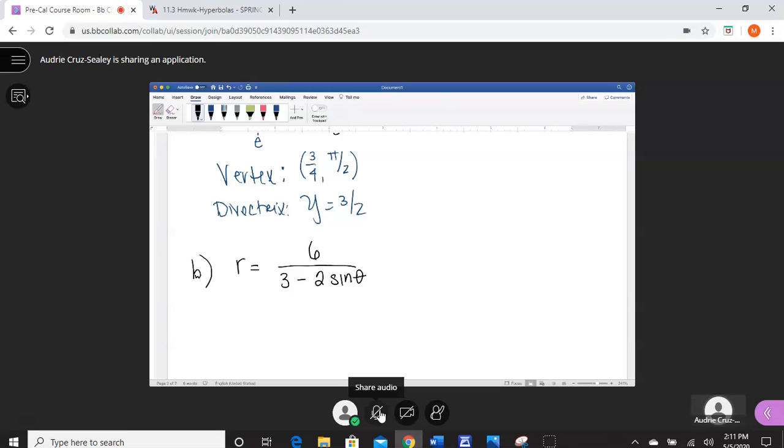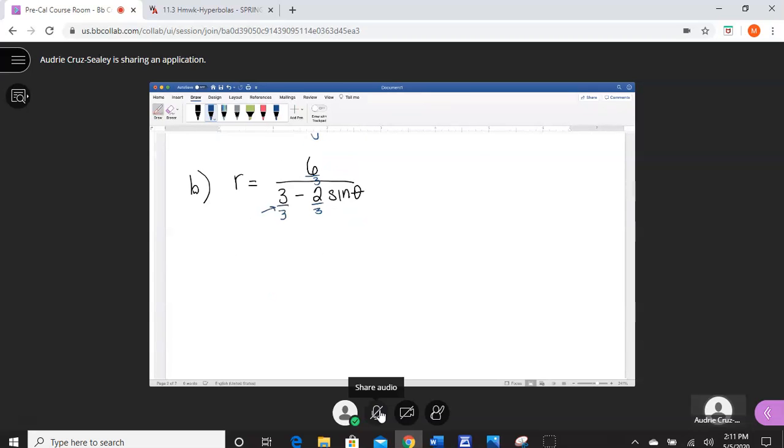Let's check it out. So you divided by 3. That should be the first thing. Everybody should divide by 3 because you want this leading number to be a 1. If you divide that by 3, is that okay? Then r equals 6 divided by 3, which is 2, over 1 minus 2/3 sine theta. Is everybody okay with that? So then you know that your eccentricity is 2/3.